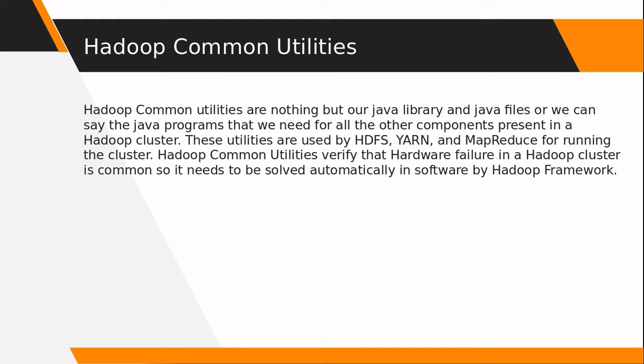These utilities are used by HDFS, YARN, and MapReduce for running the cluster. Hadoop common utilities verify that hardware failure in a Hadoop cluster is common, so it needs to be solved automatically in software by the Hadoop framework.